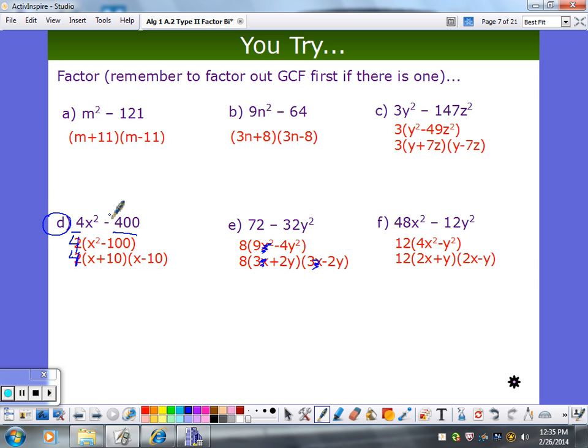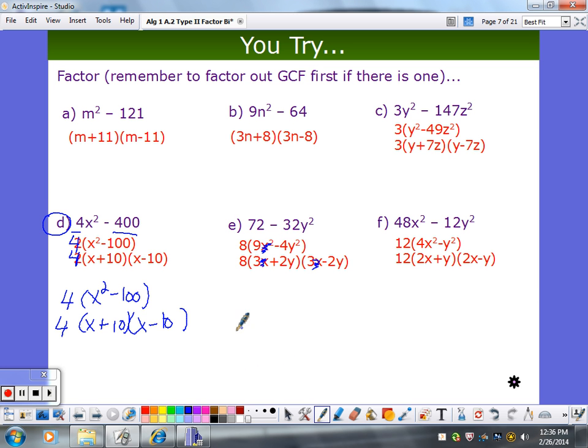But anyway, you look for your greatest common factor. It's a 4. Then divide these by 4. I get x squared minus 100. The bell went off in my head here because I have a perfect square minus a perfect square. So I open up 2 parentheses. Take the square root of x squared. Take the square root of 100. And it's a plus and a minus.